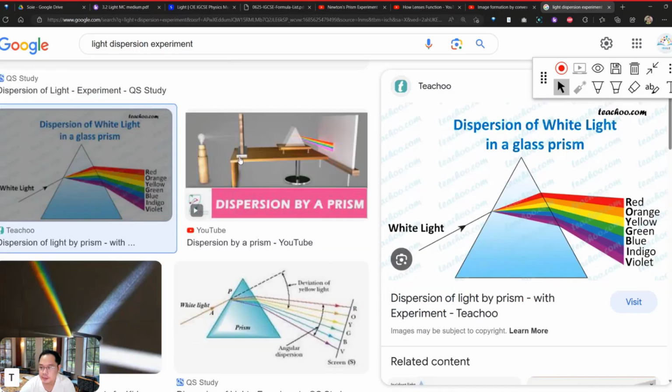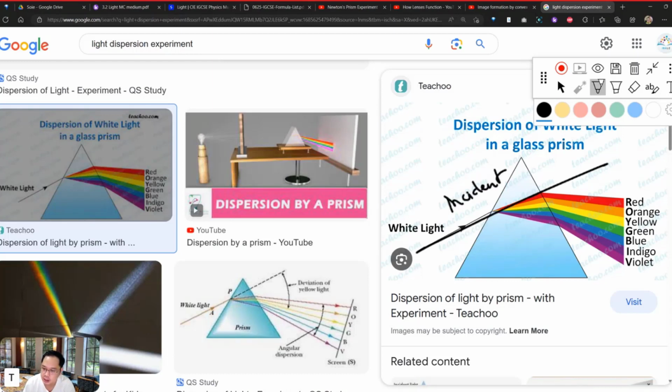You should remember that for the white light, the violet color is refracted at a greater angle compared to the direction of the incident light. This is the incident direction, okay? The violet color is refracted at a greater angle compared to that incident direction, while the red color is refracted at a smaller angle.